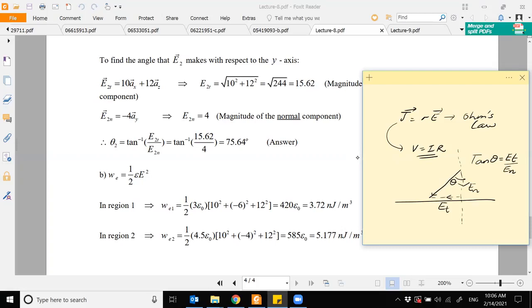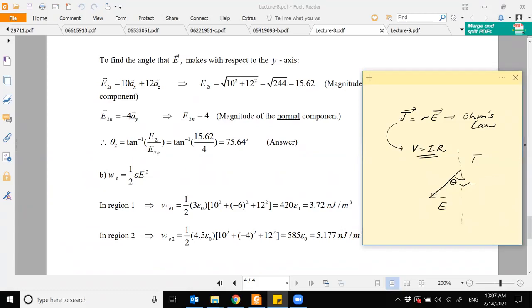This is how I got this angle, tan inverse E2 tangential over E2 normal. And once we got both of these, we can find the angle. And then we also found the energy density in both the regions because we know the electric field in both the regions.